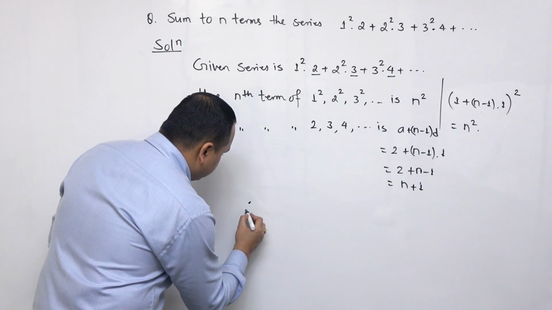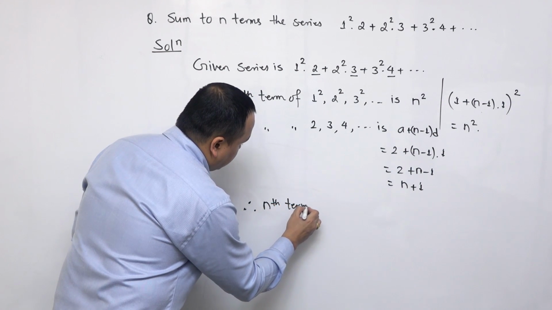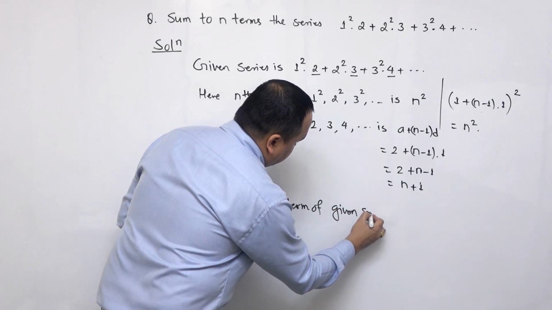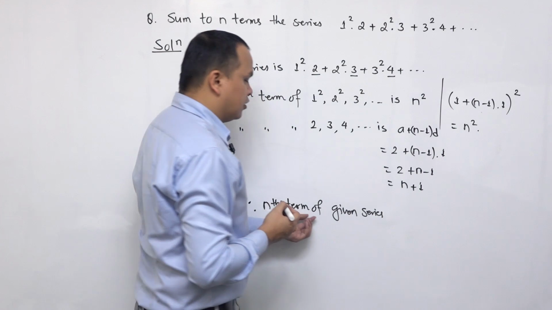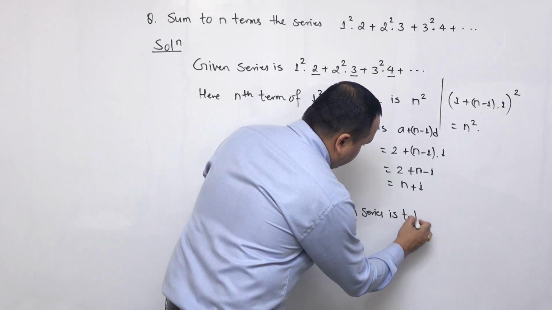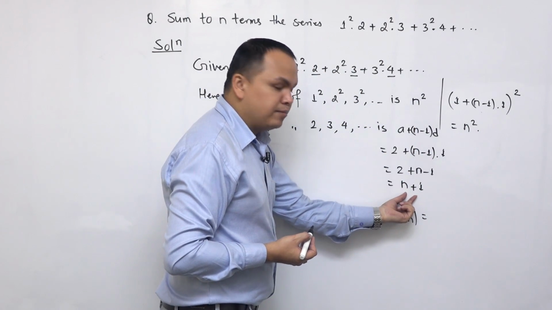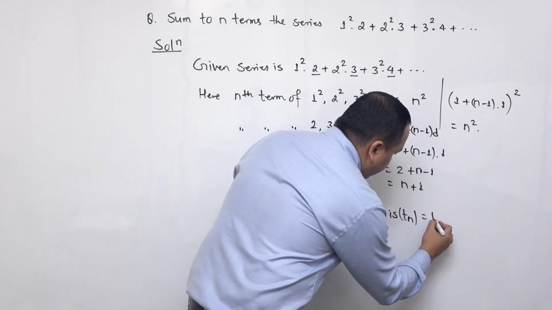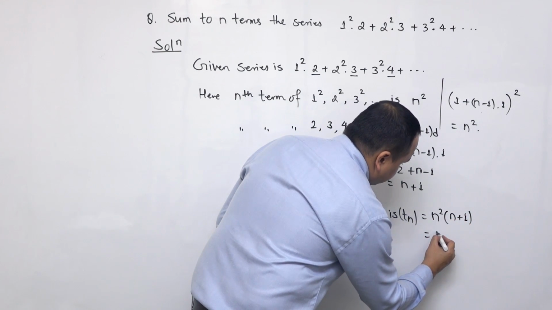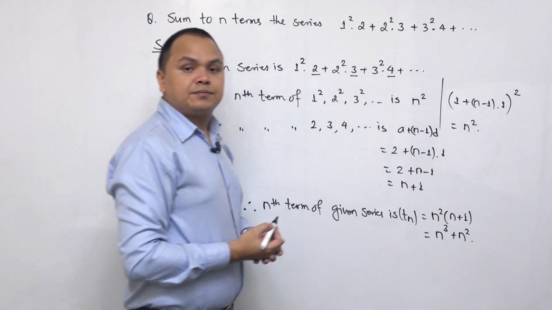Therefore, nth term of given series is Tn, which is equal to n square times n plus 1, and this is n cube plus n square.